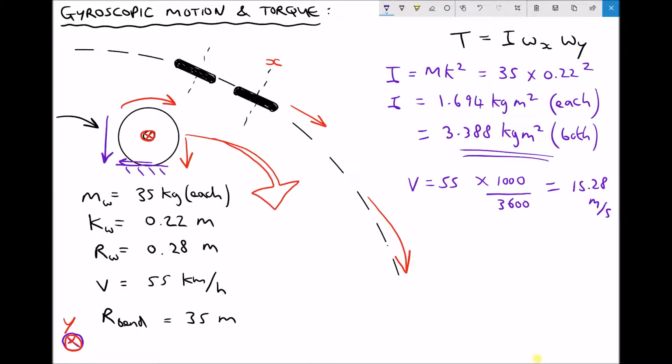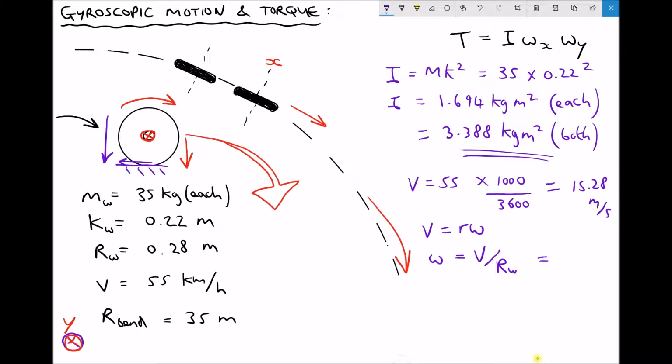So we can use the formula that connects linear and angular velocity, V equals r omega. But as we want the angular velocity of the wheel, we're going to need to take the velocity in meters per second and divide it by the radius of our wheel. Take care here, it's the radius of the wheel, not the radius of gyration.